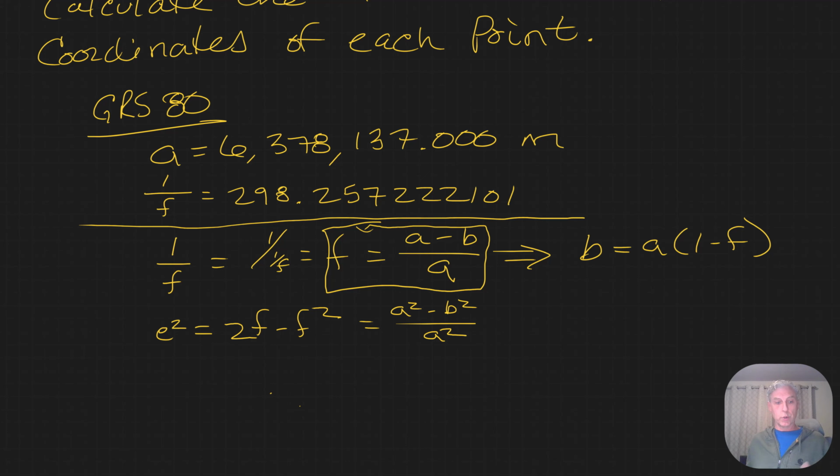We have our eccentricity. Same thing with the e prime. Remember, we have this e prime squared, which equals a squared minus b squared, but this one is over b squared instead. So different ratio. And then we take the square root of that to get our e prime. So we would get e and e prime. That's super easy.